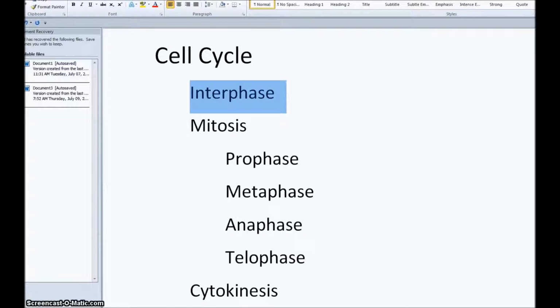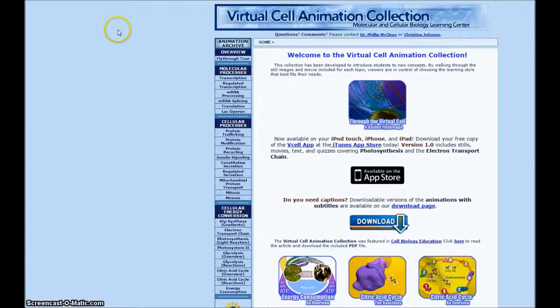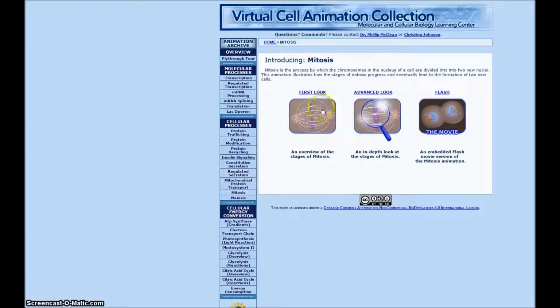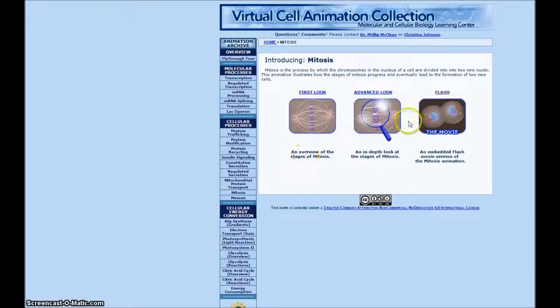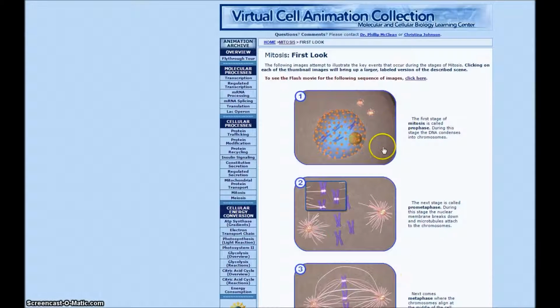So we're going to look at some programs. This is one, and I'll put the link for you so you can get to it. You can look at Virtual Cell Animation Collection, and then go down here, Mitosis, Meiosis, pick Mitosis, and you can watch the movie, or you can look at the individual things here, these overviews, and you can learn about the stages of mitosis.